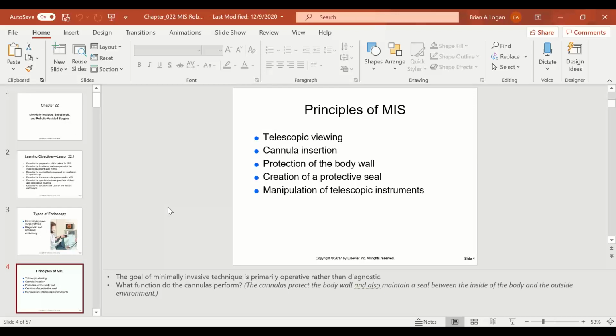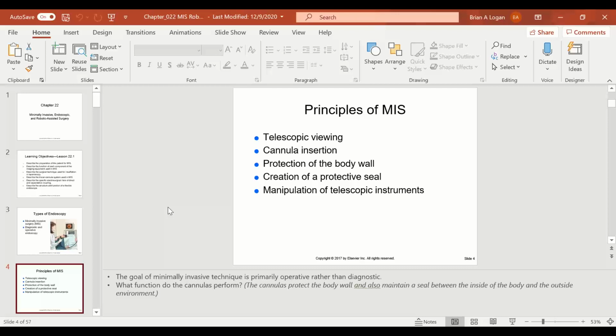So some of the basic concepts of minimally invasive surgery is that you're viewing with a scope, some kind of telescopic viewing. You need the actual scope itself to be able to see inside of the body. You're going to put in some kind of cannula or trocar.